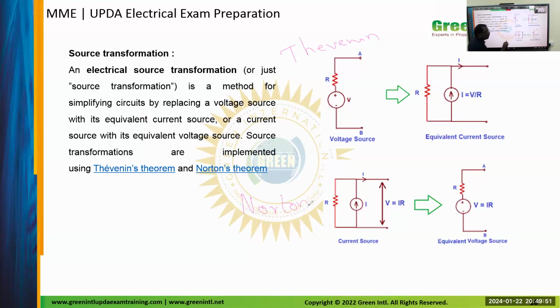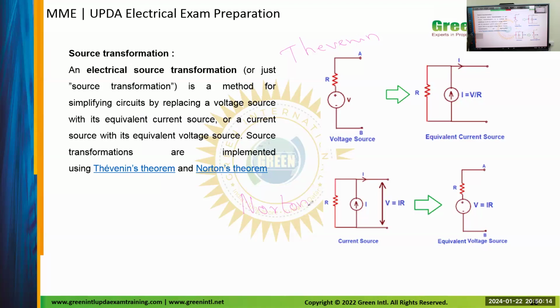If we discuss theorems, we say Thevenin theorem and Norton theorem. If we talk about sources, we say voltage source and current source. So in our exam, we may have a question: convert the Thevenin circuit to the Norton circuit, or convert the voltage source to a current source. This type of question may be asked in the exam.